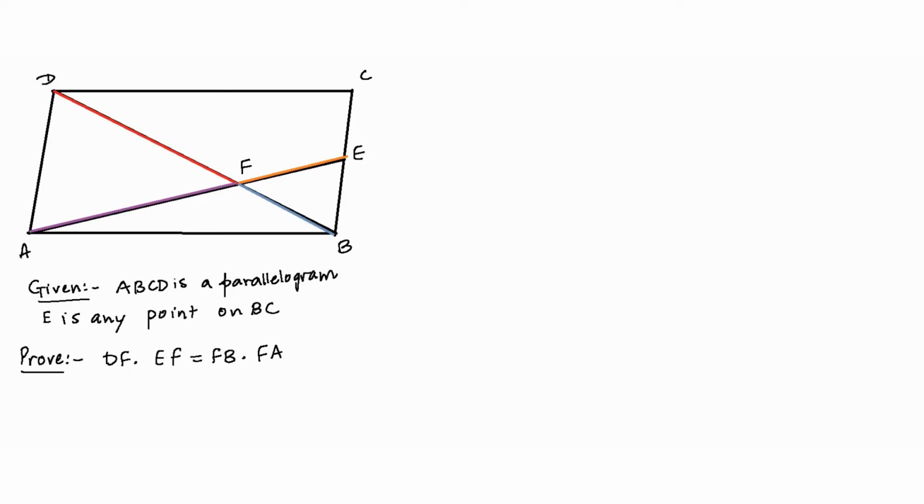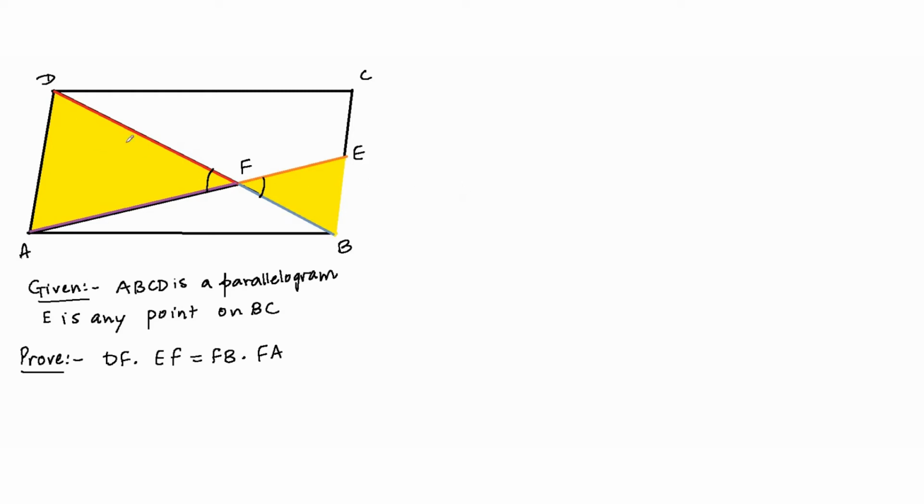So again, it looks like we should be using triangles DAF and BEF for similarity. If I consider these two triangles for similarity, let me see what all is equal in these two triangles. First of all, I think the vertically opposite angles can be claimed as equal for sure.